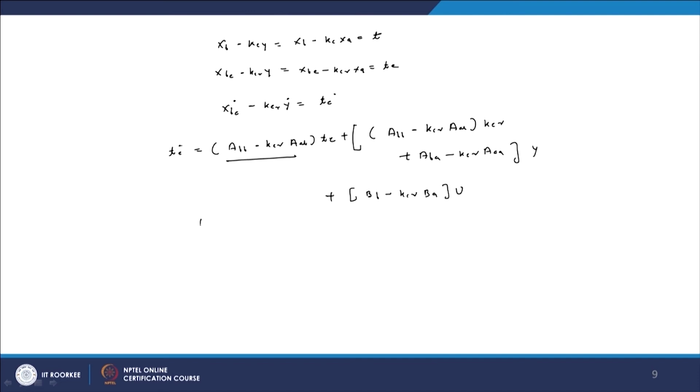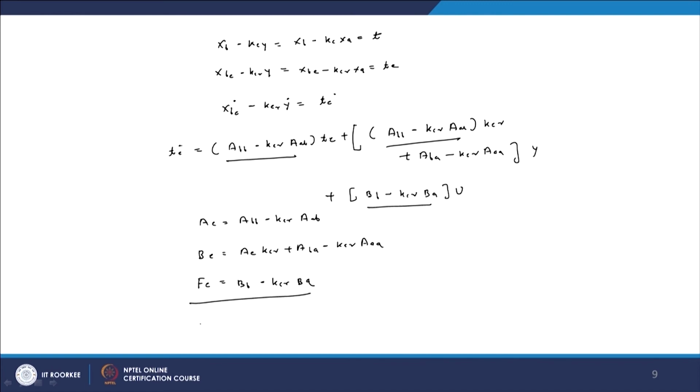So, this portion we can write as AE equal to ABB minus KER into AB, and BE can be written as this portion, AE into KER plus ABA minus KER into AAA, and FE can be written as this portion, BB minus KER into BA.